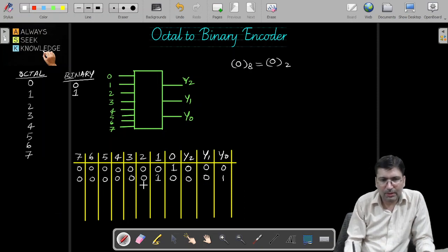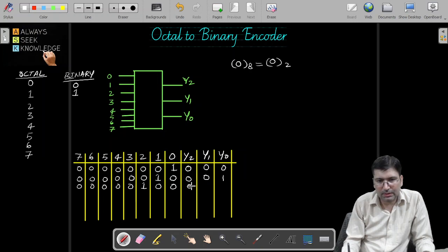Similarly, let's say I consider this second input high and the rest of the inputs low. So this 2 will be converted to 0 1 0. Similarly, if I consider the 3 input high and the rest low, then this 3 can be represented as 0 1 1.